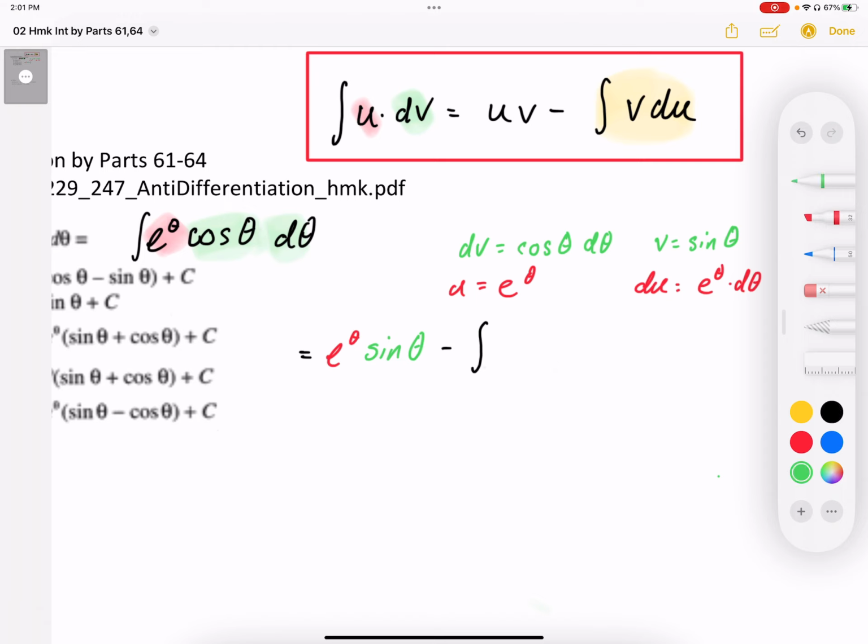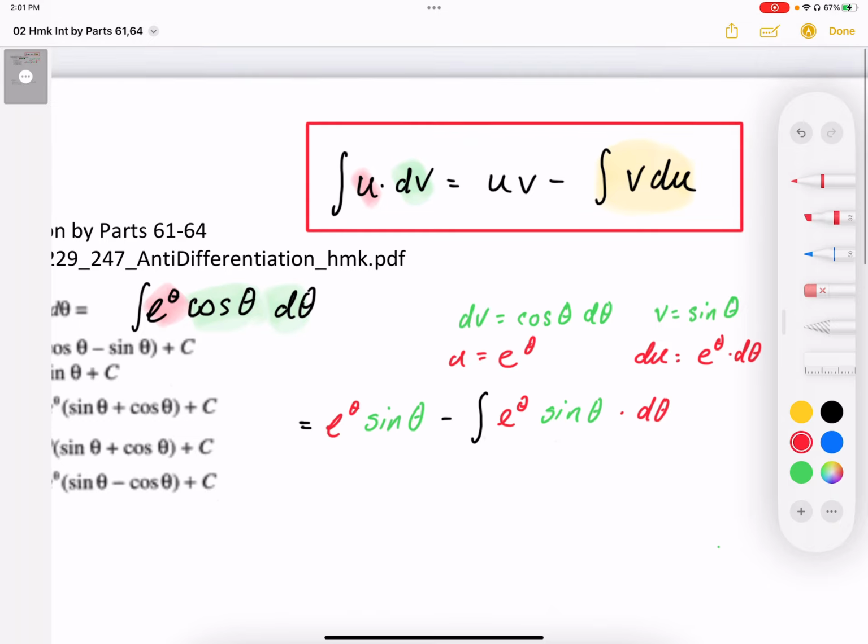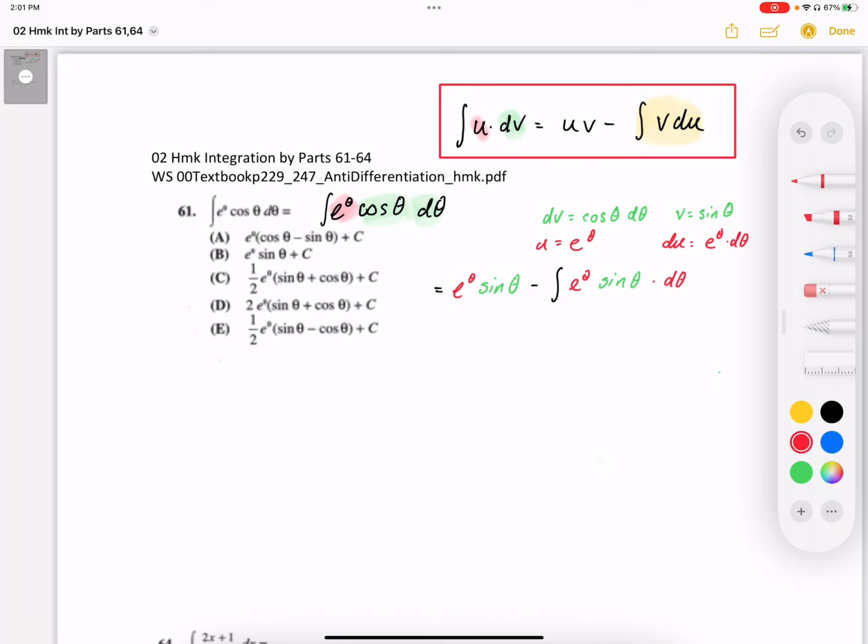In this case, I'm going to end up with e^θ sin θ. So v is my sin θ, and du is the e^θ dθ part of that. Okay, so at this point, it looks like I'm still stuck.